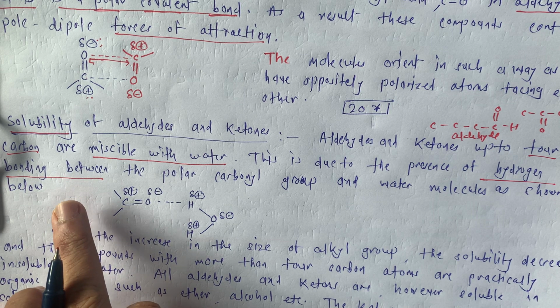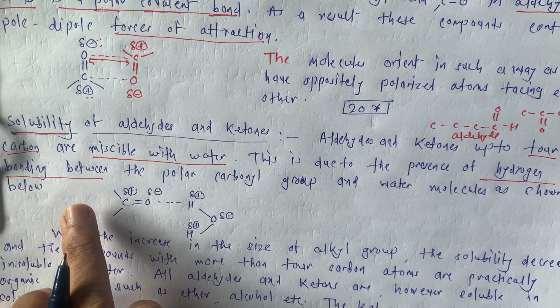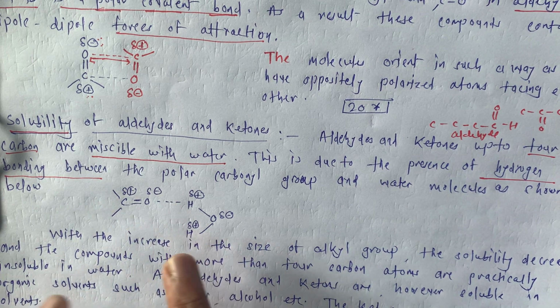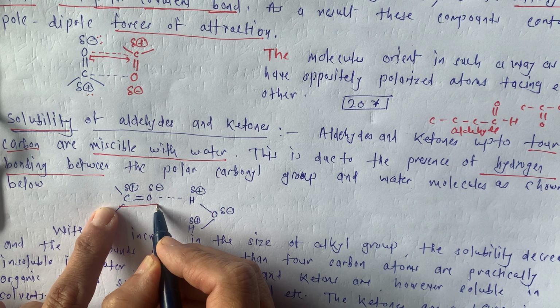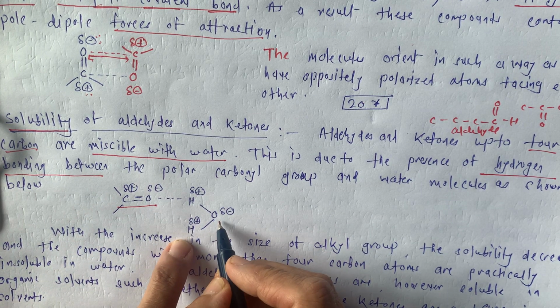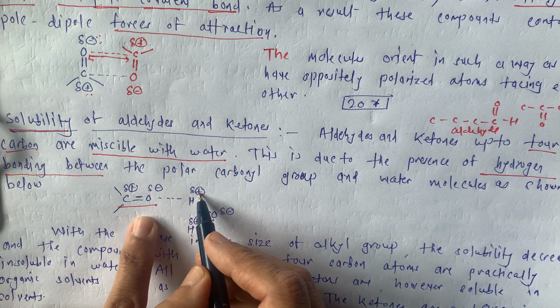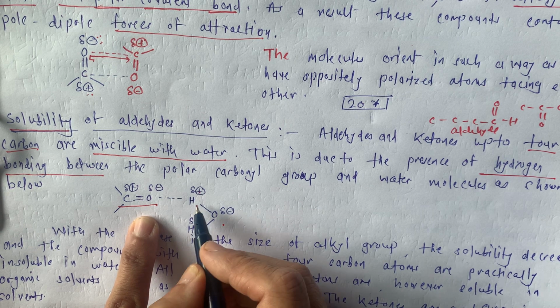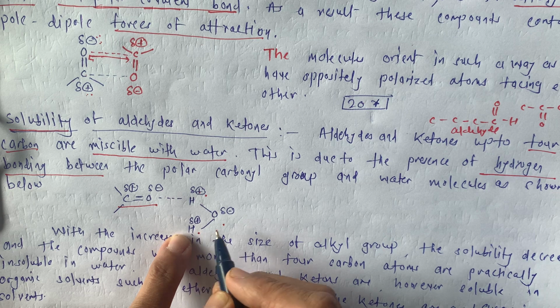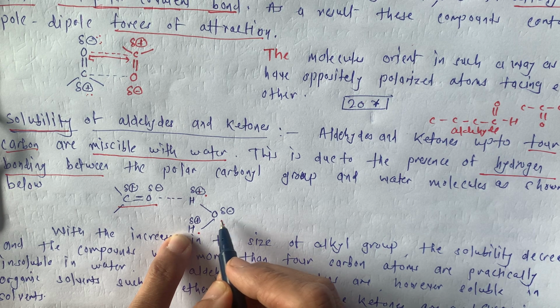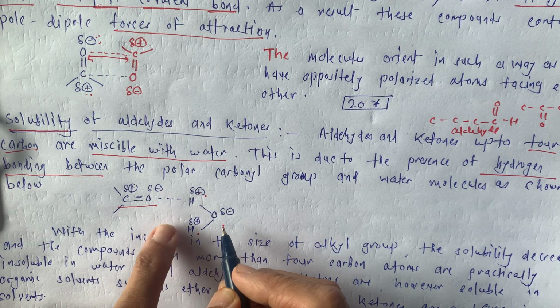There is hydrogen bonding between two alcohol molecules. Similarly here in aldehydes and ketones, the polar carbonyl group and the water molecule have negative and positive charges. This is a water molecule. H has a partial positive charge, while this O has a partial negative charge.